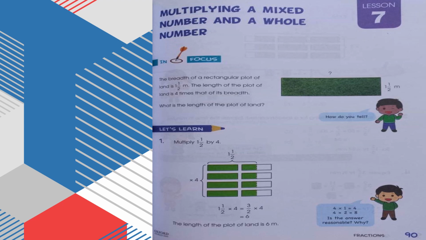And as we know that we can do a cross cancellation, 2 can be cancelled out and 4 will also reduce by 2. So we have 2 into 1 is 2 and 2 into 2 is 4. So 3 into 2 is equal to 6, which is the length of the plot of land. So it is 6 meters.